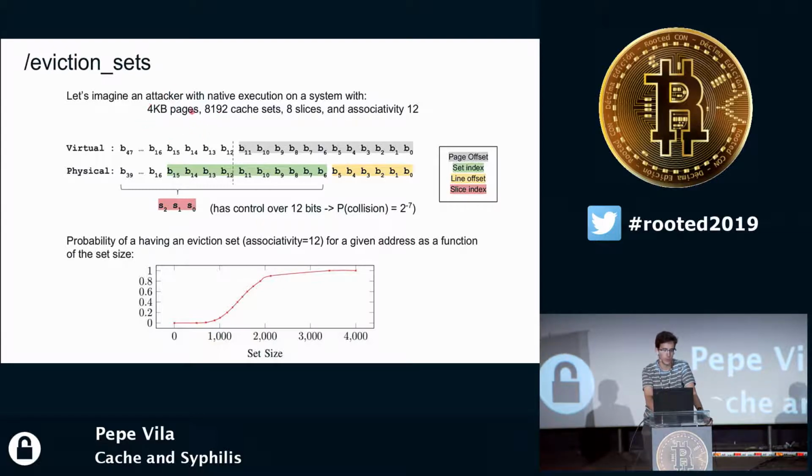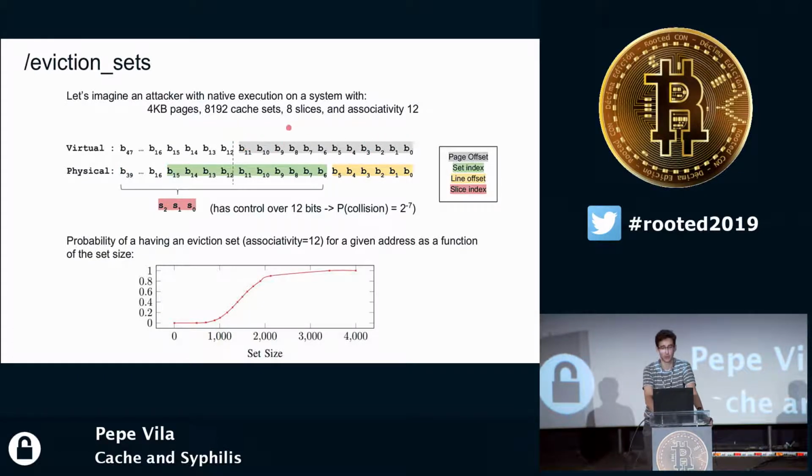So we have 4 KB pages, so this system uses 4 KB pages. That is interesting for us because when you translate from virtual address to physical, the page offset will be identical for the 12 lower bits. The higher ones are going to be random.